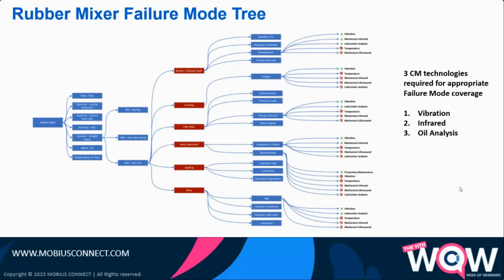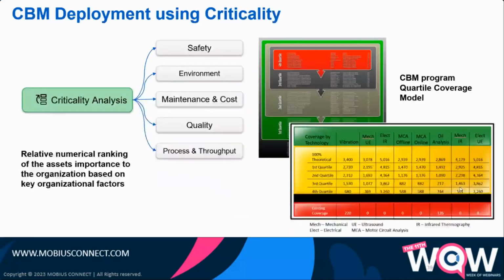Not necessarily on a failure modes based application. And what happens, especially on key critical assets, is there are many failure modes that aren't covered. So you induce risk, and you just need to understand that, right? It induces risk to the organization and potential for catastrophic failures, right? Next slide, please.